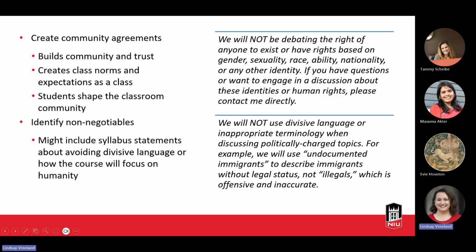So about using correct language surrounding people who are undocumented and not calling them illegals, and specifying the language that is appropriate for those situations. I've done similar things regarding gender and sexuality.